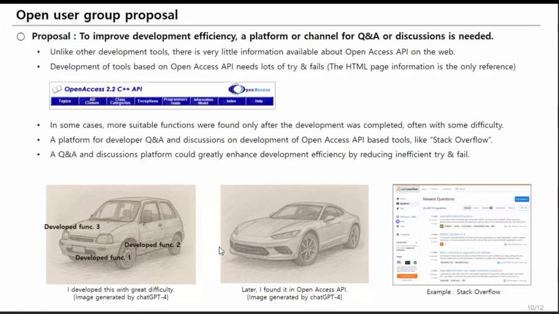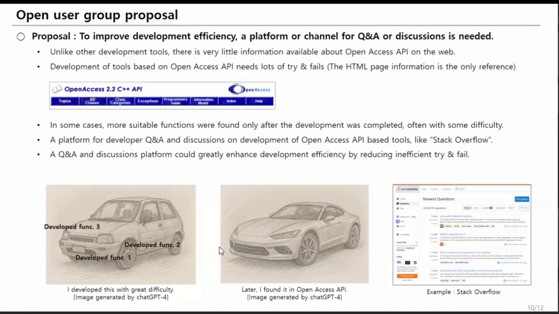For example, when I was using OpenAccess API to build a small car, I laboriously implemented function 1, function 2, and function 3 to create the car on the left. However, afterward, I happened to discover a sports car already included by default in OpenAccess API.